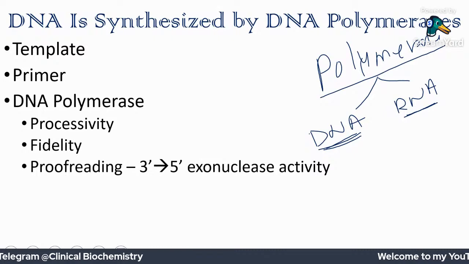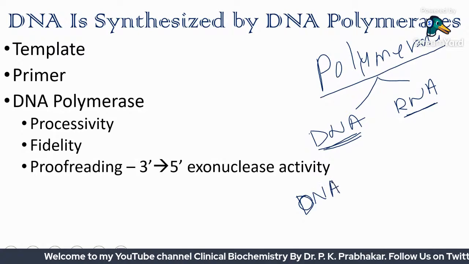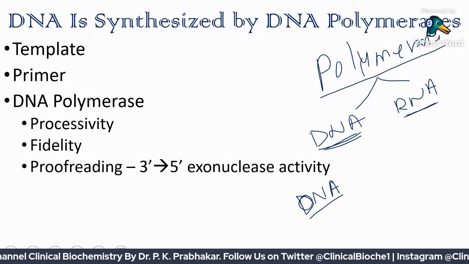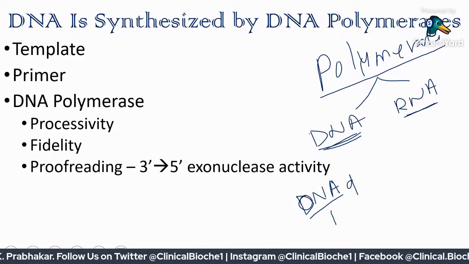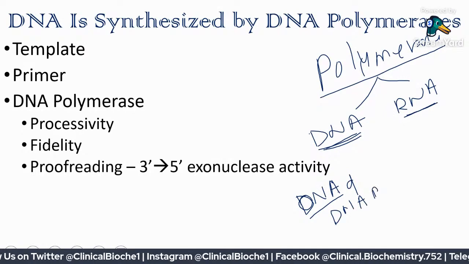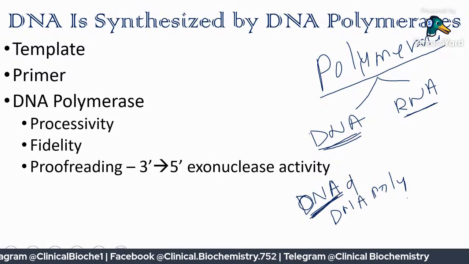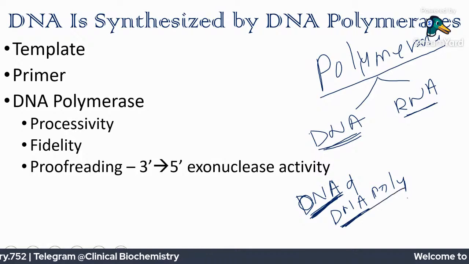अब if you want DNA as a template, so if DNA is my base, DNA is my template, and उस टेम्पलेट को यूज करके मैं डीएनए बनाऊंगा, डीएनए से डीएनए बनाऊंगा, तो मुझे चाहिए DNA dependent DNA polymerase. If I will use DNA as a template and make a fresh copy of DNA, DNA से DNA बनाना, then I require DNA dependent DNA polymerase.